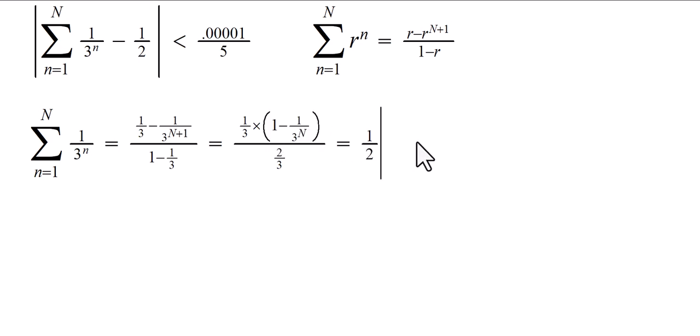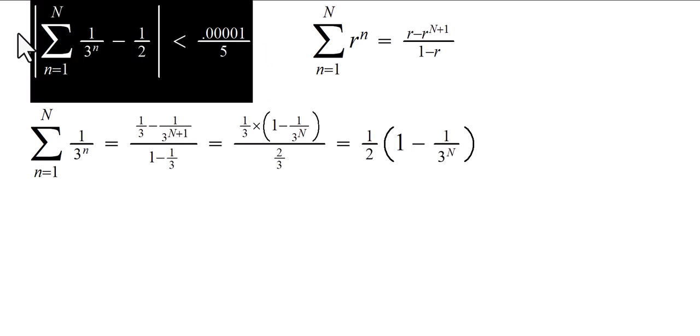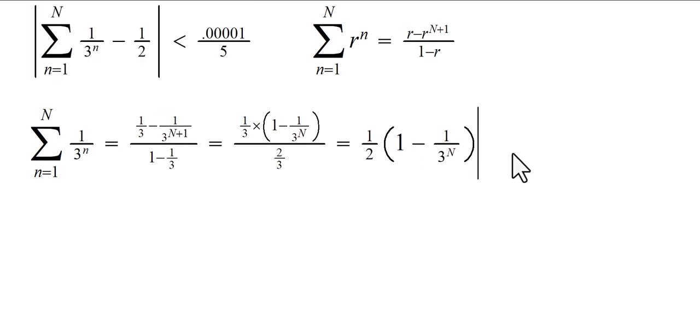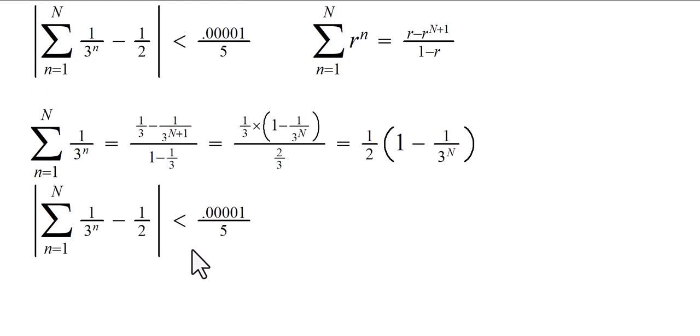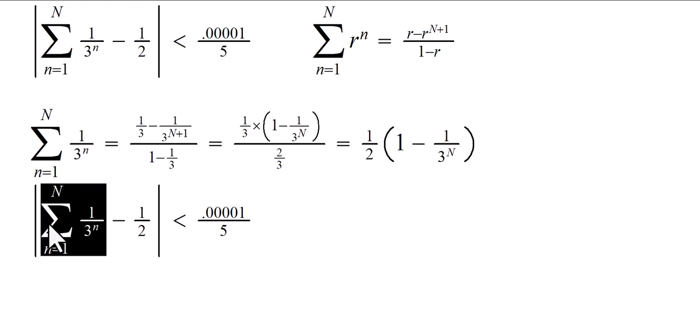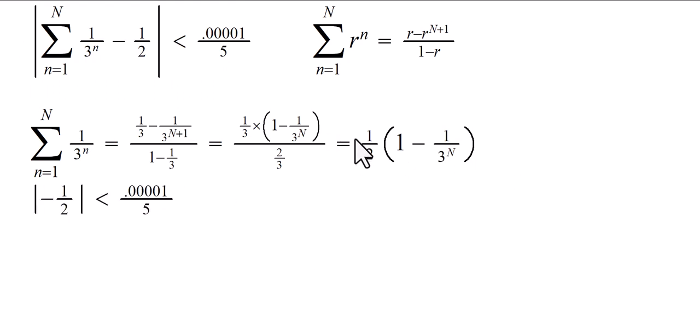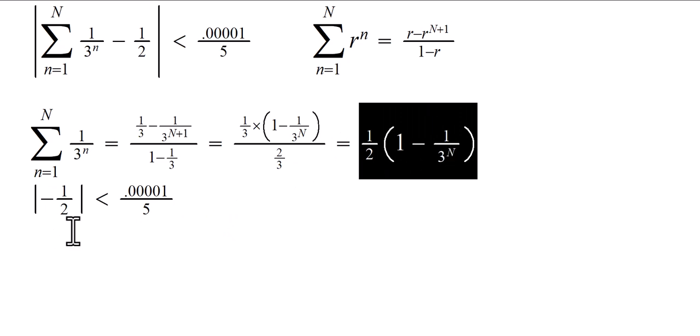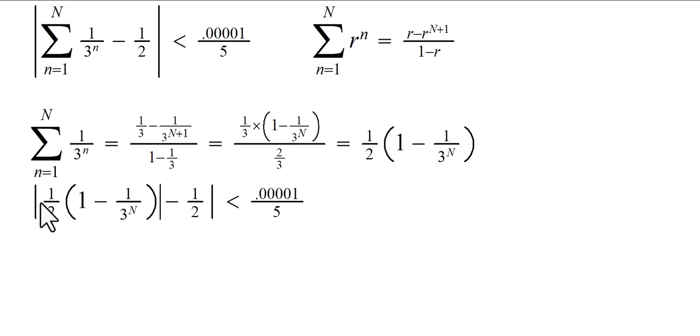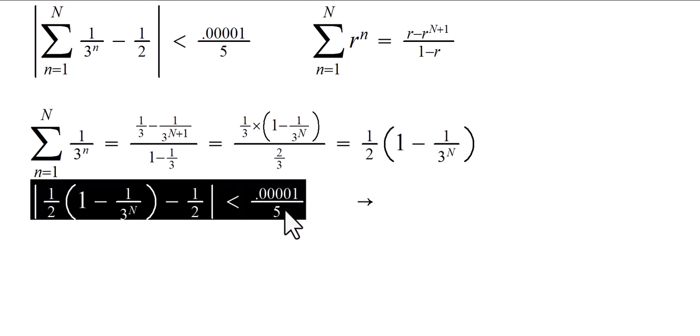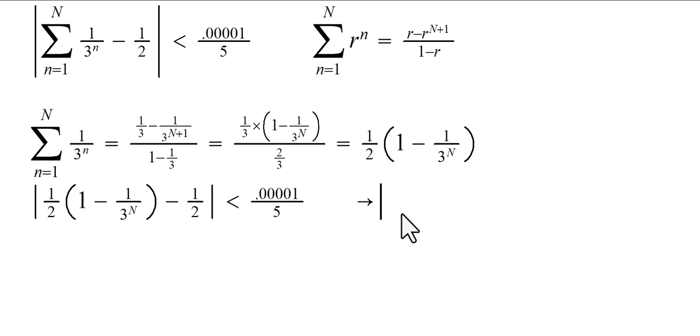So let's just go ahead and simplify our inequality. That is the inequality that we are trying to work on. So we have this here, and this is now replaced by this value, and we can factor 1/2 out as well.